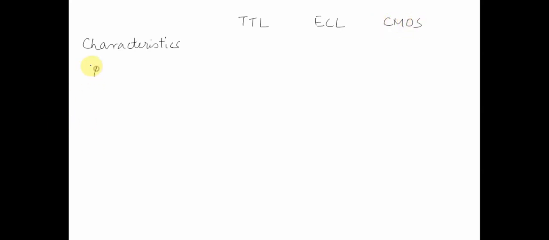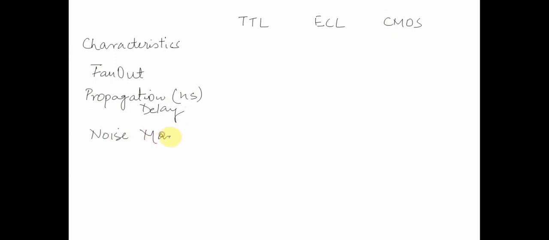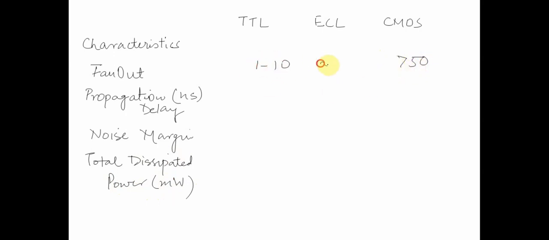The characteristics were fan out, propagation delay, noise margin, and total dissipated power, in milliwatts, right? And what we said was that fan out for CMOS is the best, it's greater than 50, whereas for TTL it's close to 1 to 10, and for ECL it's close to 20 to 30.